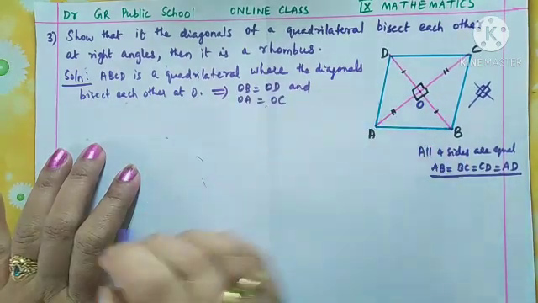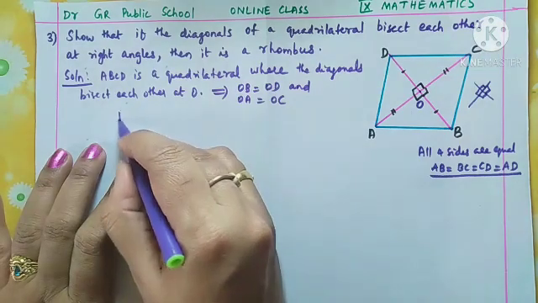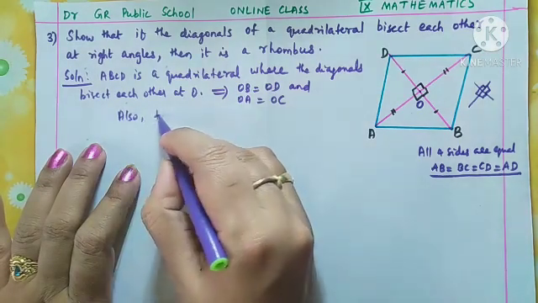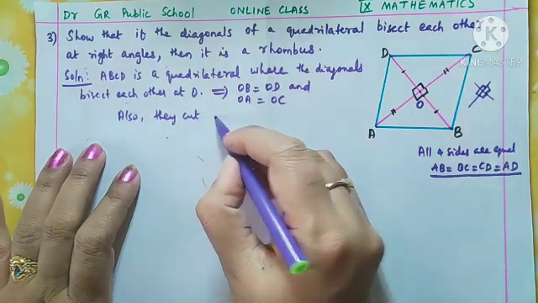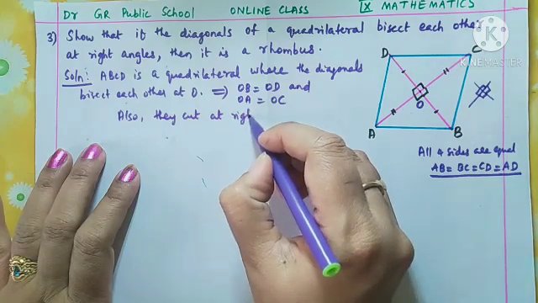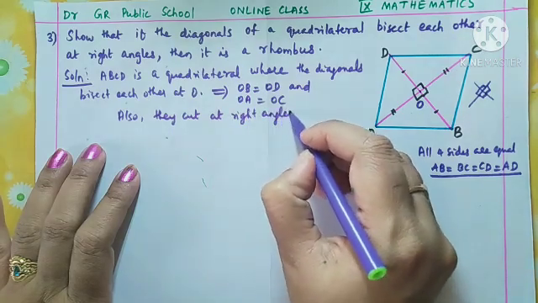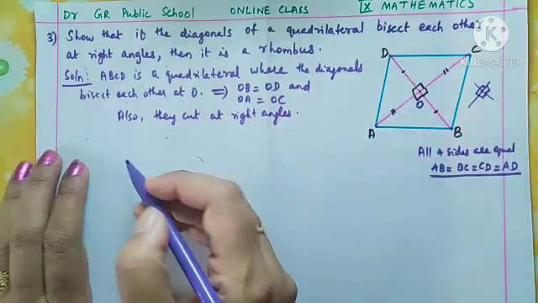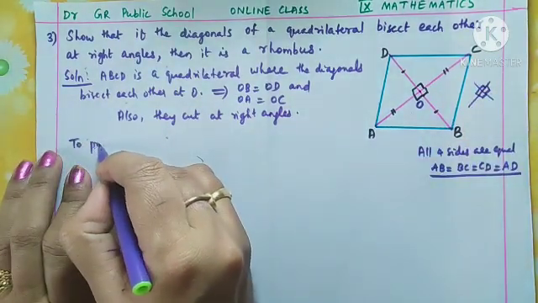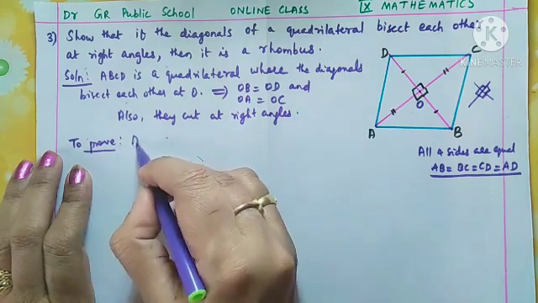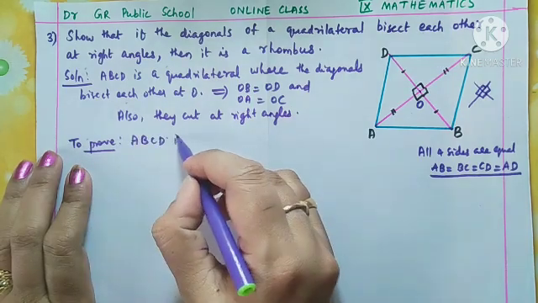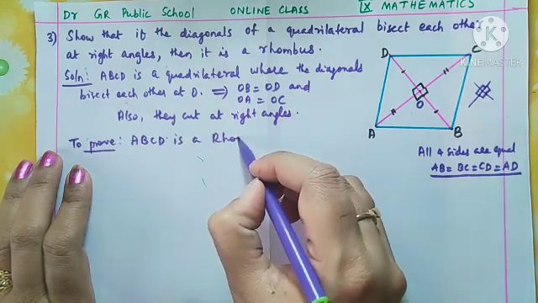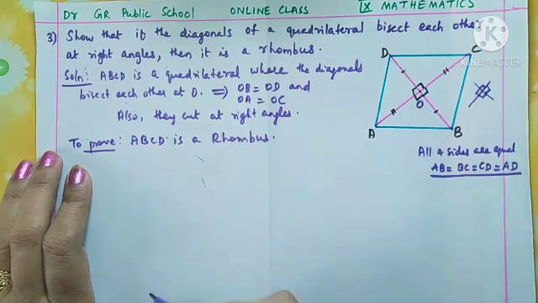The diagonals bisect each other. Also, they cut at right angles. So each angle is 90 degrees. That is also a required condition. Now we want to prove what is to be proved: this quadrilateral ABCD is a rhombus. That we want to prove here.